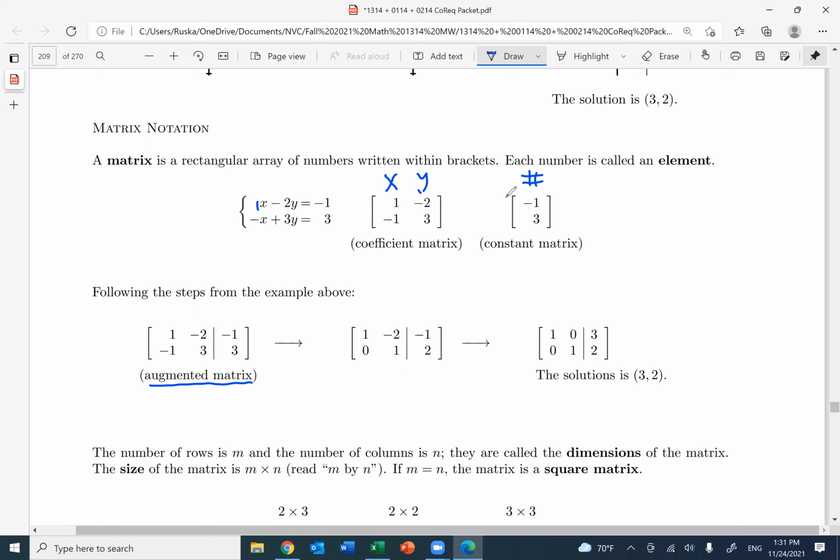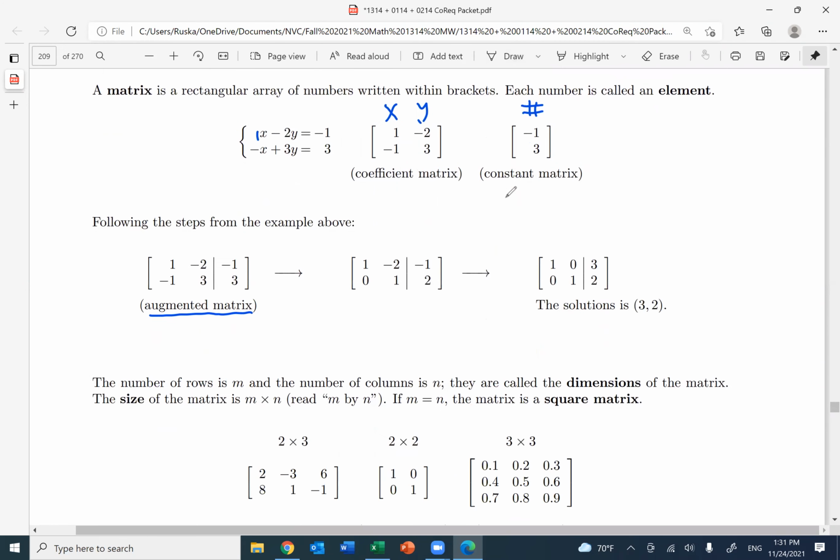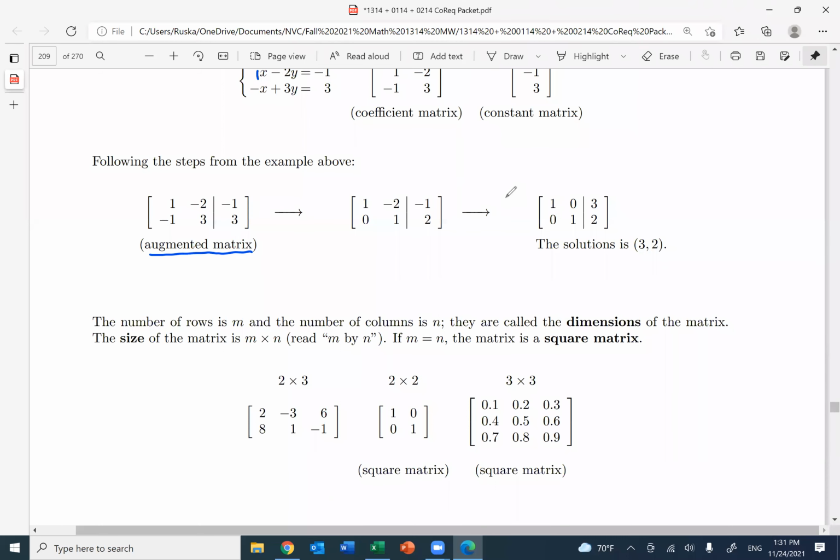The augmented matrix pretty much has all the numbers from the system. And the method to solve it is you eliminate, when you add them, and they're just operations we're doing to solve them. I don't know if you're going to go into matrices, you'll see.